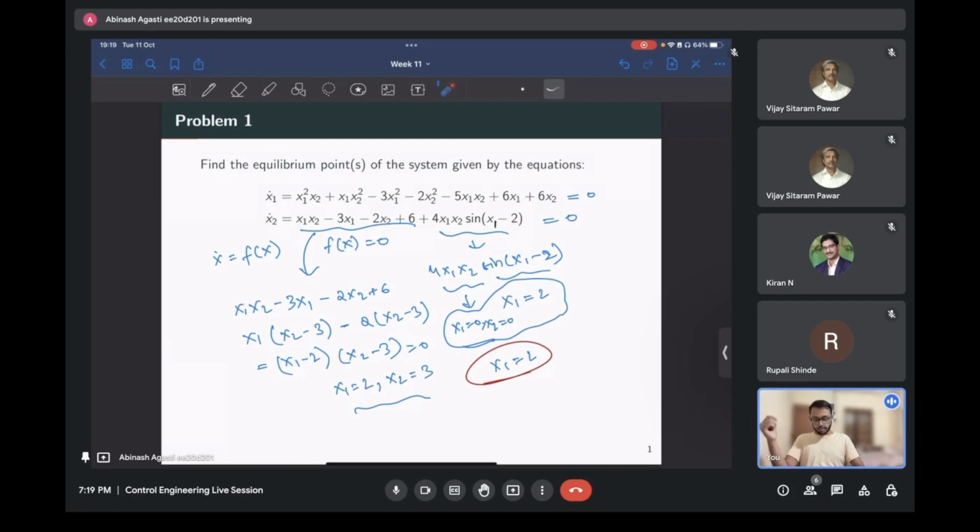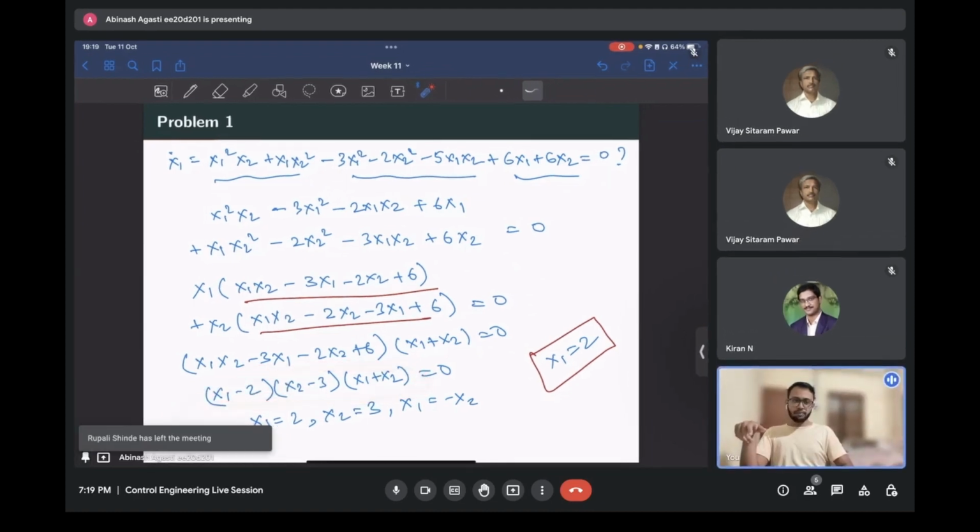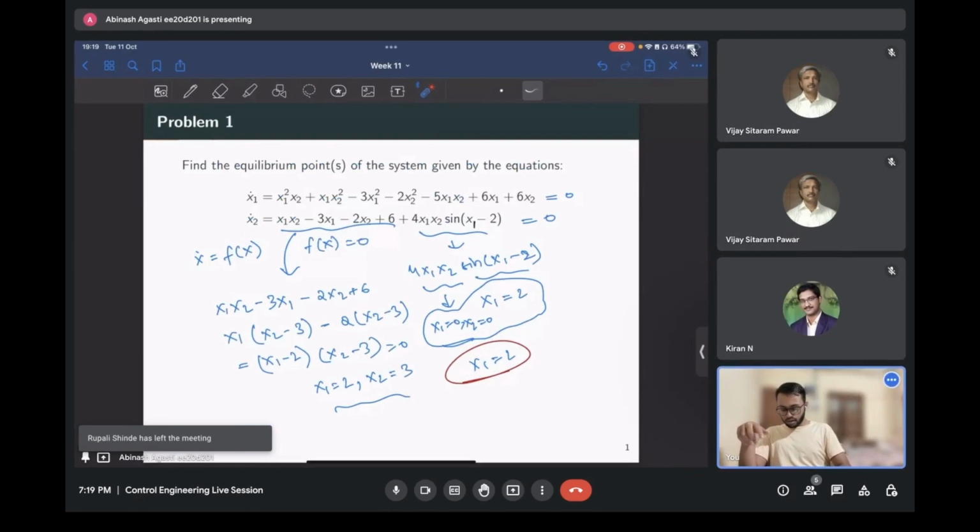Whatever x2 may be, this entire thing is decomposed into a factor of this. So x1 equal to 2 means this entire thing is 0. And similarly, this thing is factored into this, and this one has the x1 minus 2 term. So for x1 equal to 2 and all possible values of x2, we'll have equilibrium points for this system.